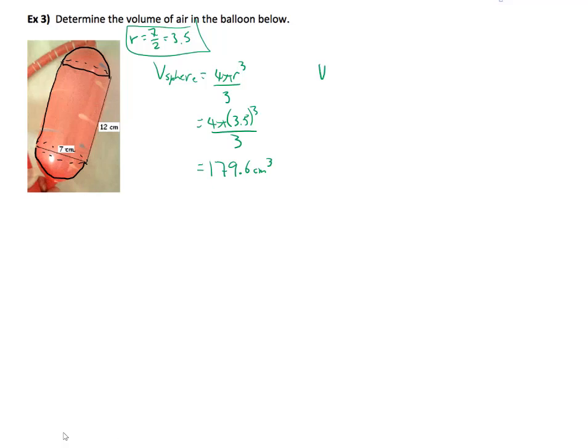Next, we'll do volume of our cylinder, which volume of a cylinder is pi r squared times h. Sorry, my r looks a little off there. There we go. So pi r squared times h, we sub in our r value, which is 3.5.